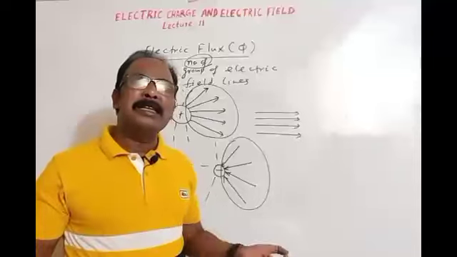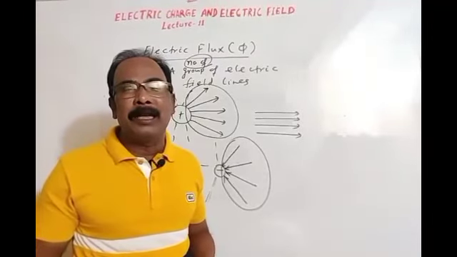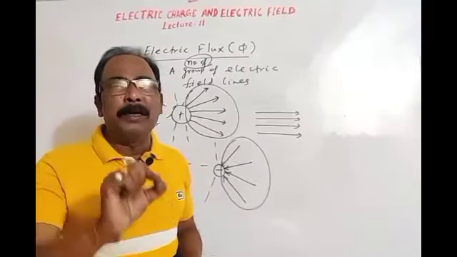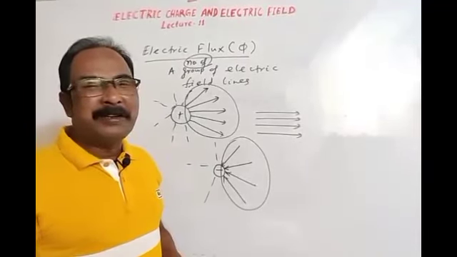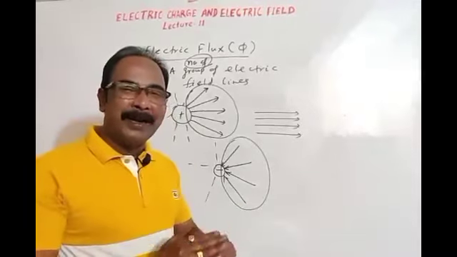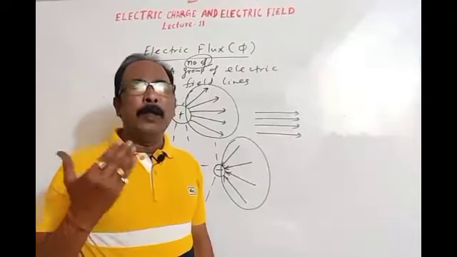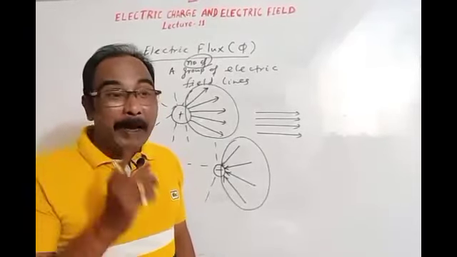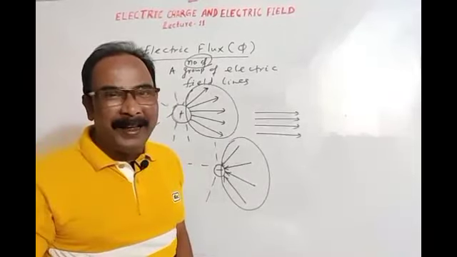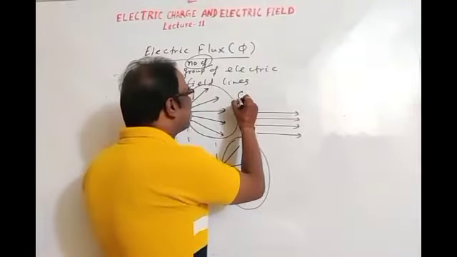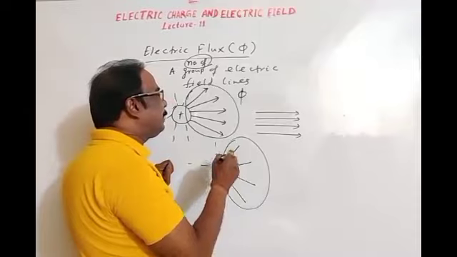Okay. Flux is a scalar quantity. Flux is not a vector. The number of electric field lines, a number is scalar. So electric flux is a scalar quantity. Then, how will you express electric flux quantitatively? We will count the number of flux lines. How?